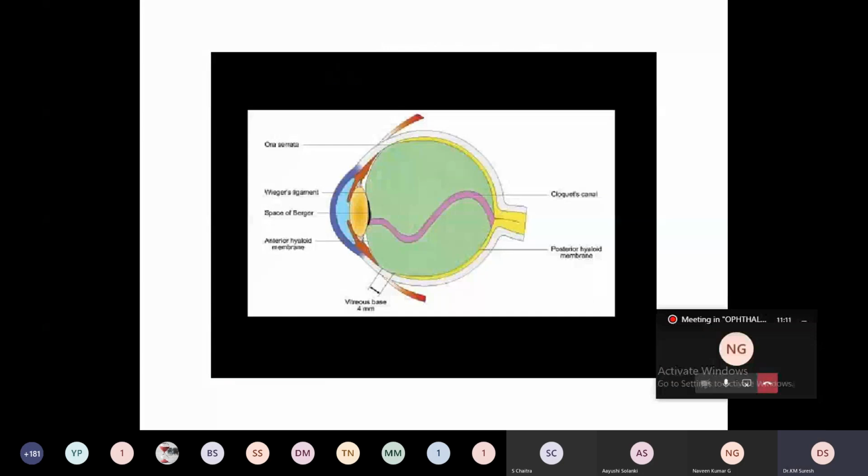This is a diagrammatic representation of cortical and the nuclear parts of the vitreous. You can see the Cloquet's canal. Anteriorly, it is near the Wieger's ligament in the retrolental space, which is also known as space of Berger. And in the posterior aspect, it is very close to the optic disc.